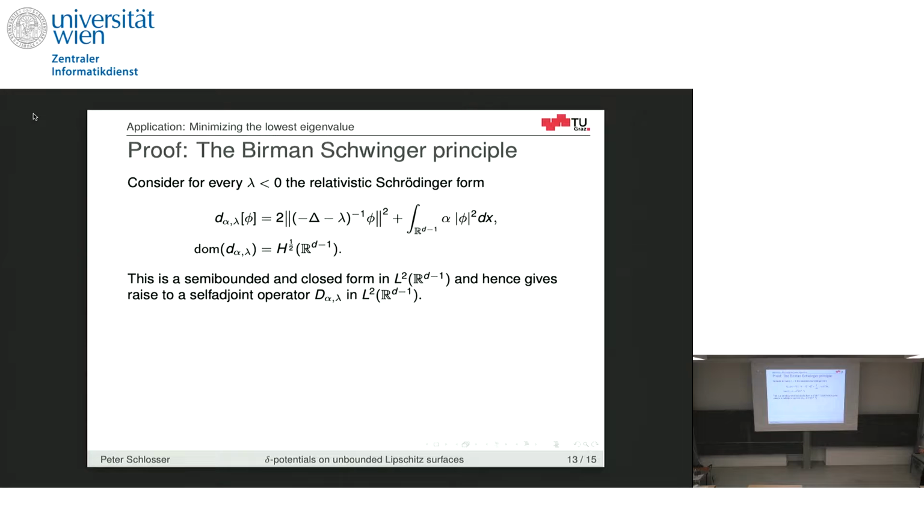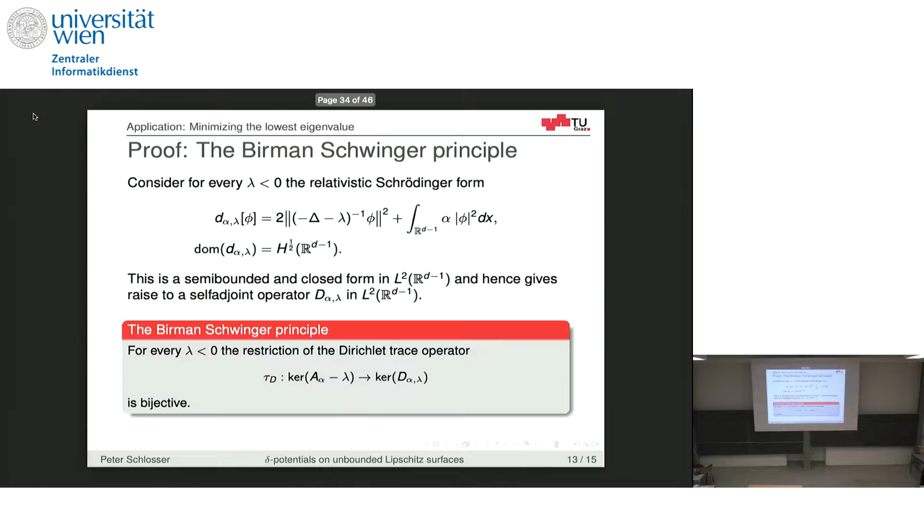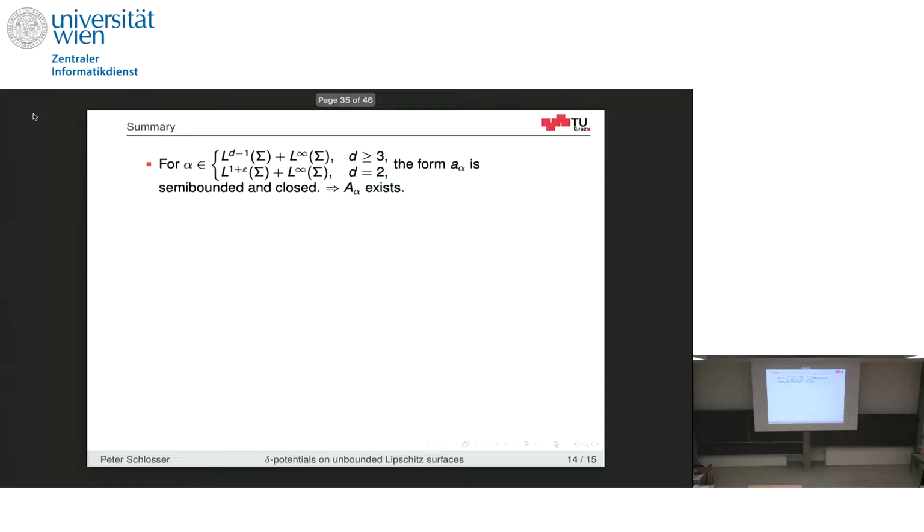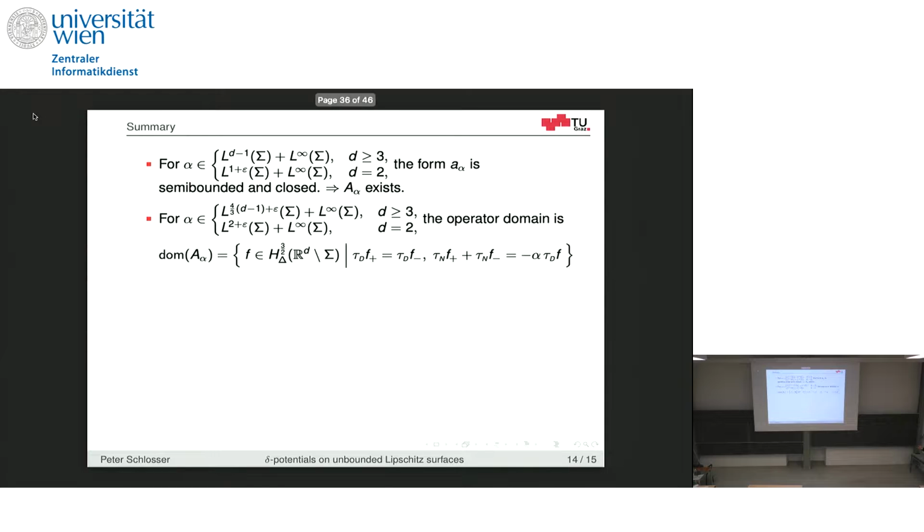Okay, so I don't want to go too much into the proof. Maybe I'll use my last few minutes for a summary, and then we'll go to page 15. So this alpha is kind of the most singular alpha you can think of in having a properly defined Schrödinger operator coming from the semi-bounded form.